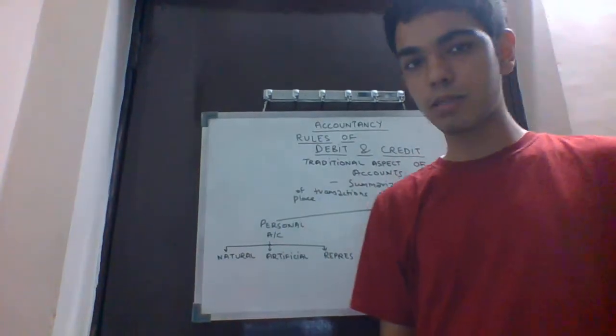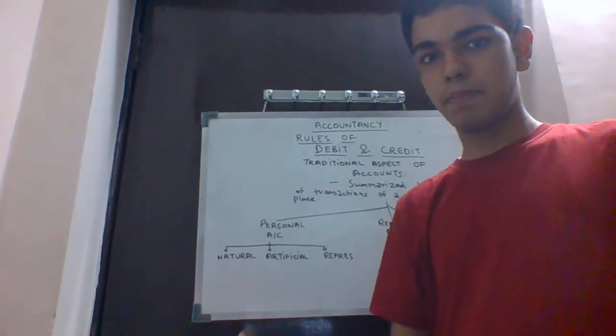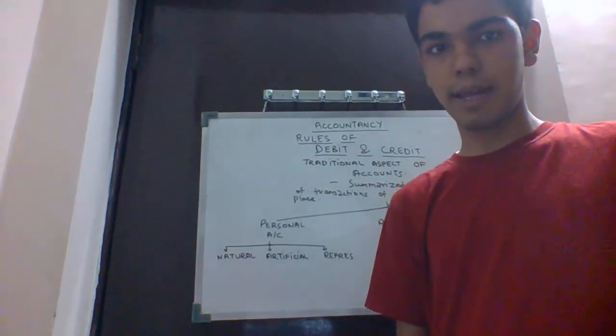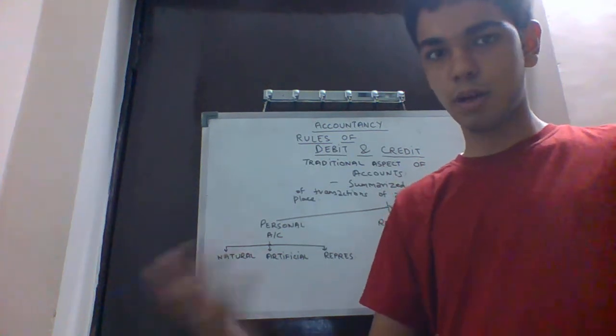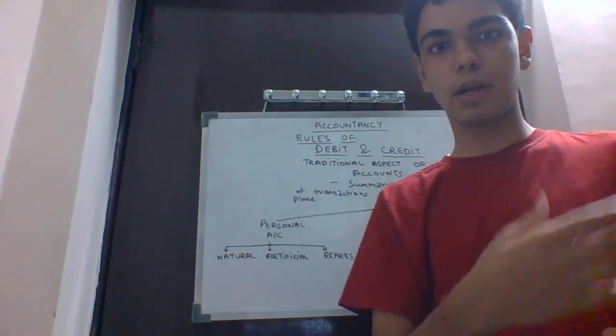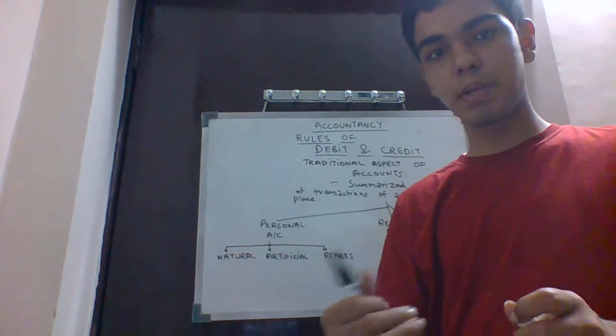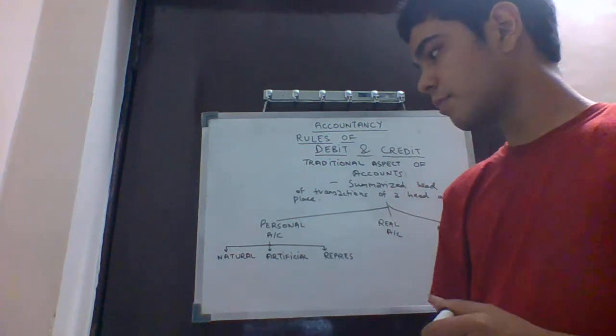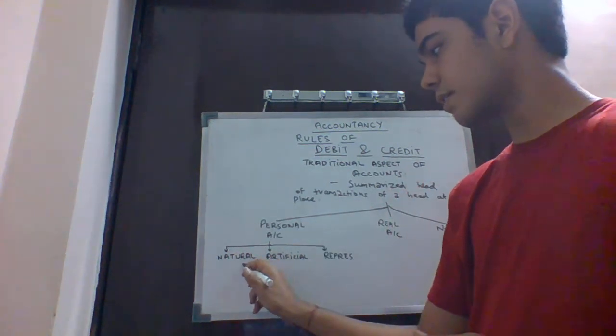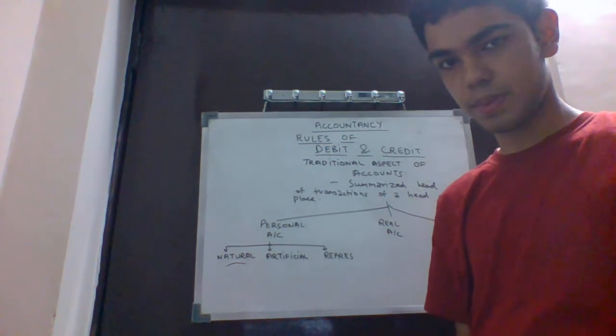Natural personal accounts involve named persons like Ram account, Mohan account, somebody's capital account. So capital account, somebody's capital account can be categorized under natural personal account.